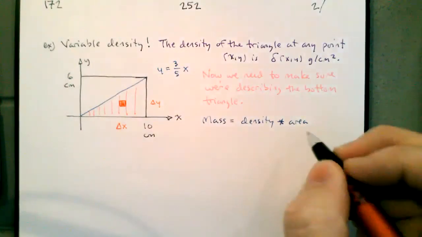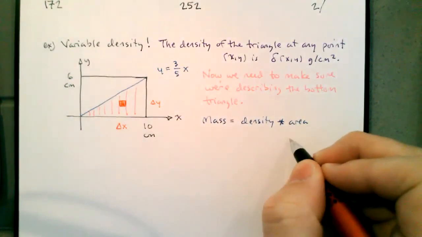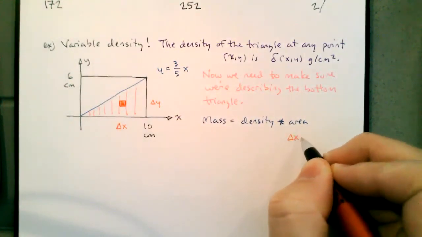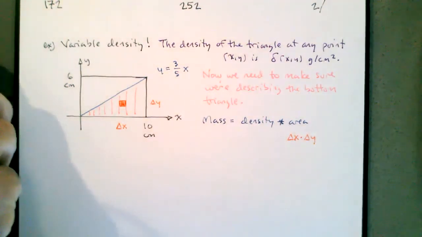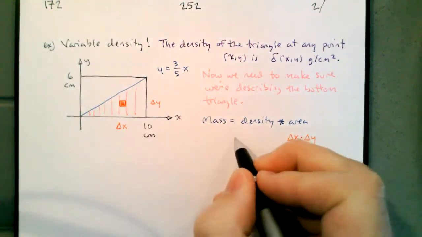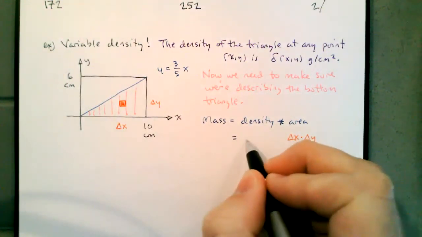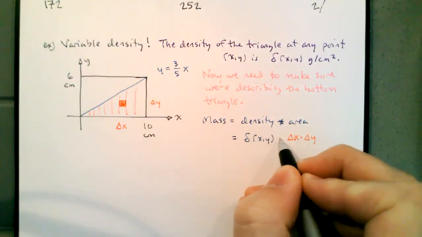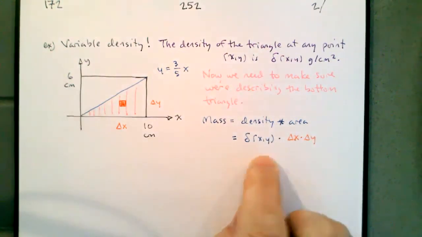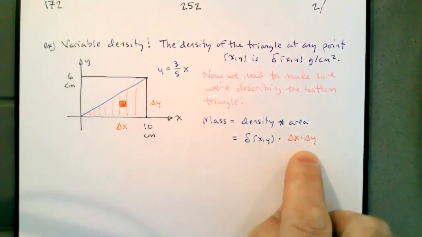So my area is going to be a delta x, delta y. And then I'm just going to calculate the density at that point. And I'm going to assume that the density is constant for this small piece of the area.